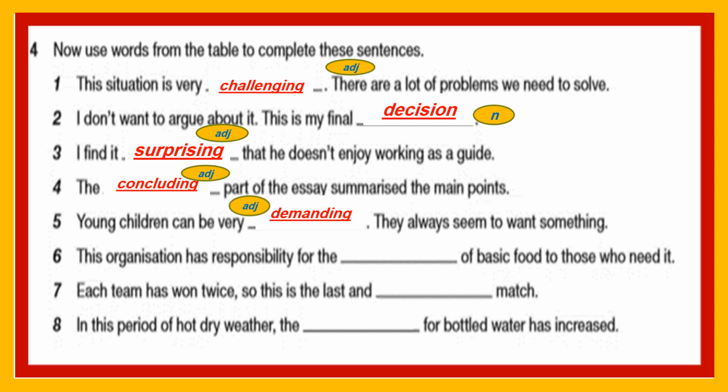This is an adjective. Number 6. This organization has responsibility for the provision of basic food to those who need it. This is a noun. Number 7. Each team has won twice. So this is the last and deciding match.